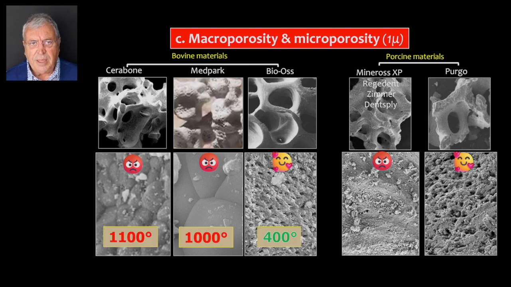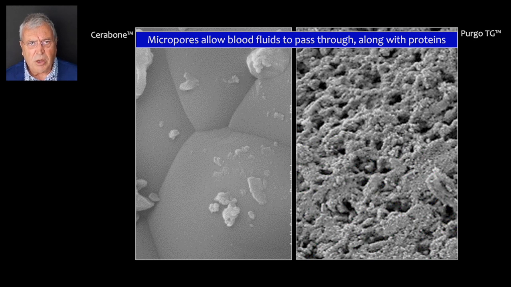Because of the heating temperature. When we heat too much, the micropores disappear. And we must be focused on this, because the micropores allow the fluid from the blood to pass through, and this way they bring the proteins from the blood. And if we don't have micropores, the behavior will not be very good.